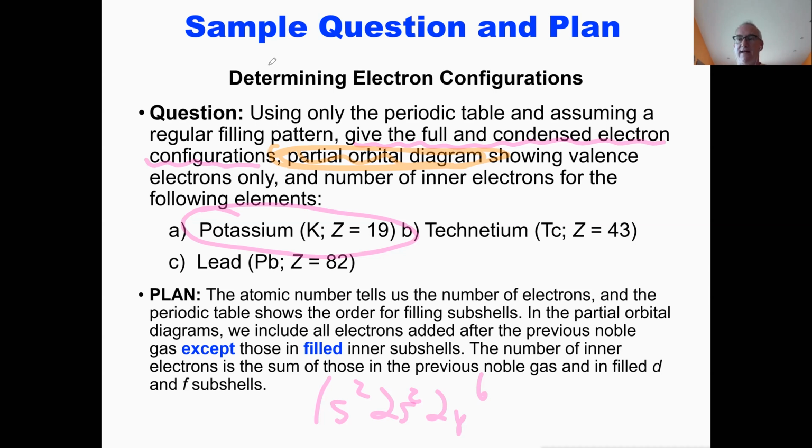Only the outermost or the valence electrons, exactly, because those are the electrons involved in bonding. Those are the ones we're really interested in. So for instance, for potassium, there's just one electron we want to know the address of. Yes, Nick. So for partial orbital diagram, do we start with the condensed and then use the last? Exactly.